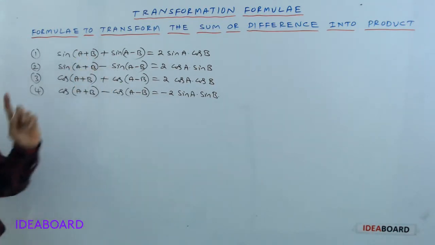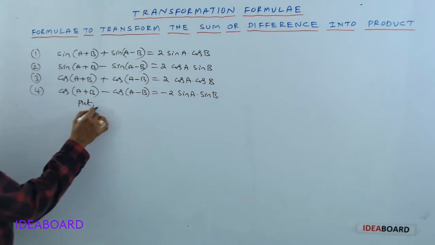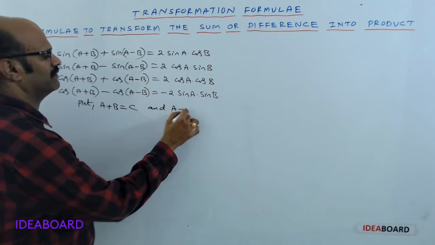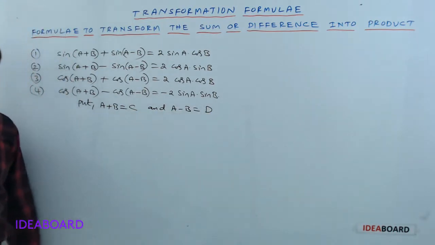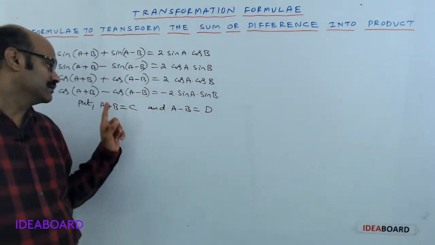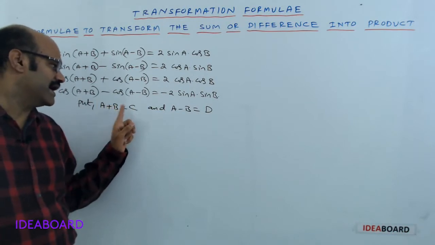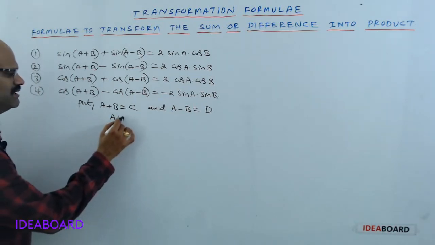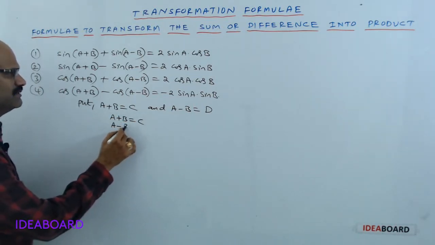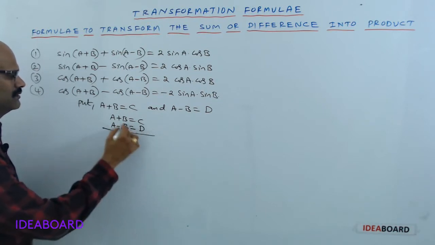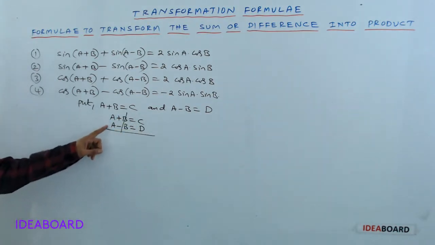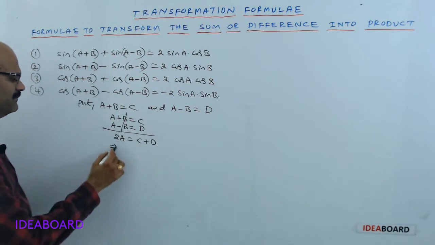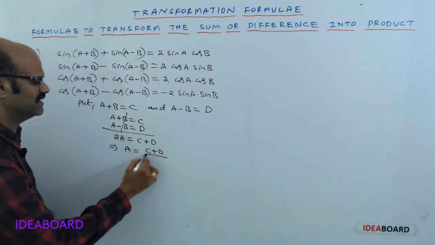Now put a plus b equal to c and a minus b equal to d. Now we have to find a and b from these two. A plus b equal to c, a minus b equal to d. So adding, a plus a equal to 2a equal to c plus d. It implies a equal to c plus d by 2.